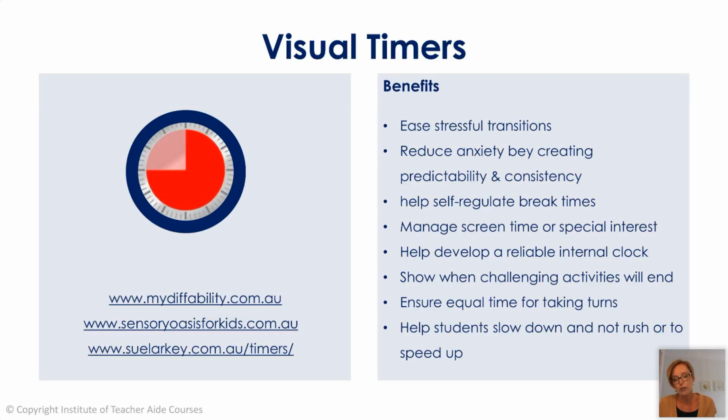It can also help students to slow down or speed up. Sometimes, again, students have difficulty knowing how long they've got to complete something. So sometimes they'll just rush through something, because task completion is kind of what they think they've got to do. But if you say, no, you've got to actually spend 10 or 15 minutes on this task, then you can break it down.